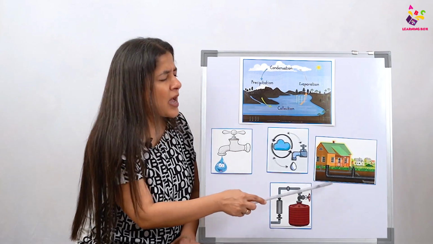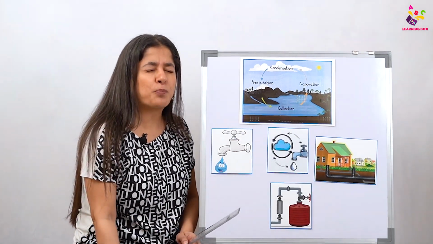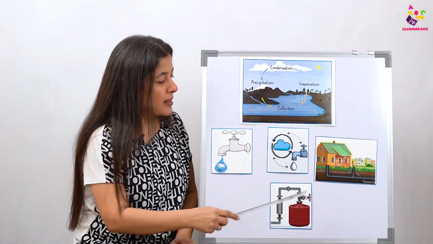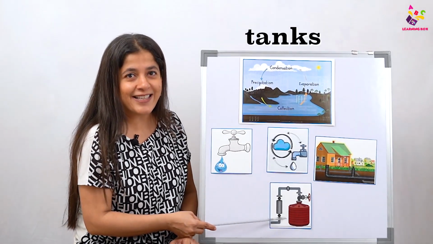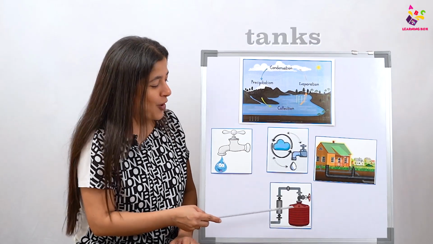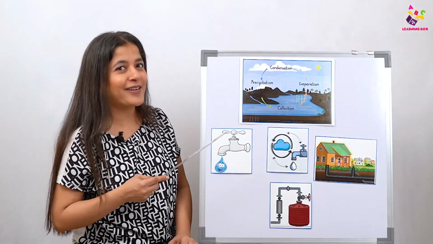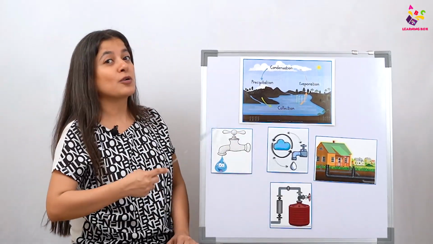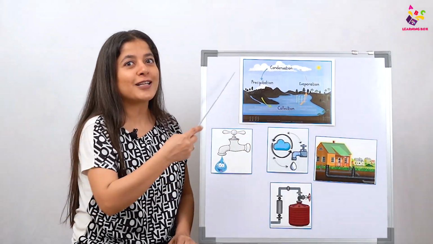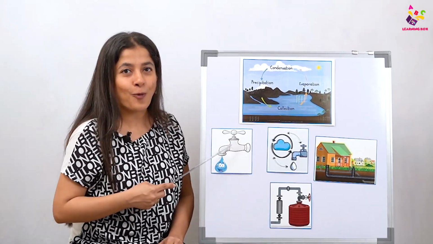And these pipes have strong pumps which send the water up to our tanks on our terraces. Yes? And from these tanks we get the water at home. So there's so much work that goes on and on like a cycle to get water at home.